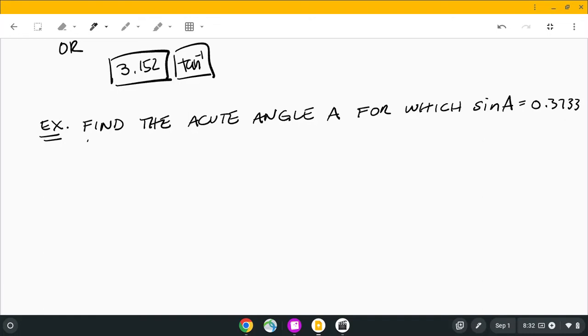Let's go ahead and round to the nearest tenth.